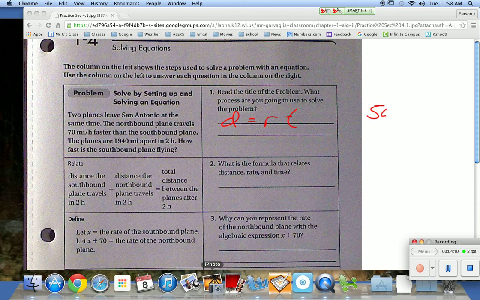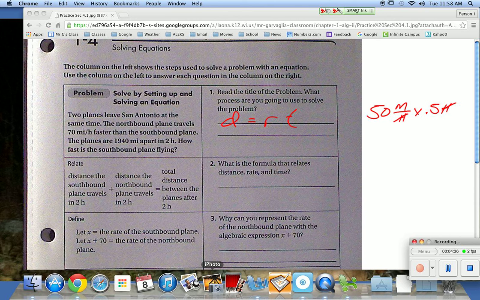50 miles per hour. And I would suggest, if you're doing this, write it this way: miles per hour. And here's why. I'm going for a half hour, right? How much is a half hour? 0.5 hours. Notice you have an H on top and an H on the bottom.